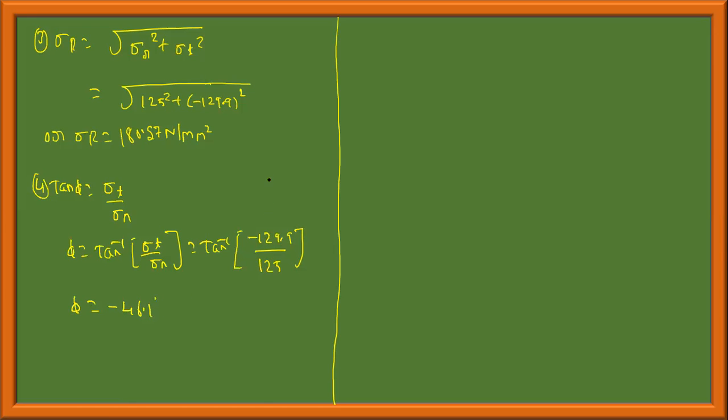It means that if I have the plate, the plane like this, and this is my sigma n and this is my sigma t. If I take this free body to the right, sigma normal will be like this, this is sigma t tangential, and the resultant is at minus 46.1 degree.